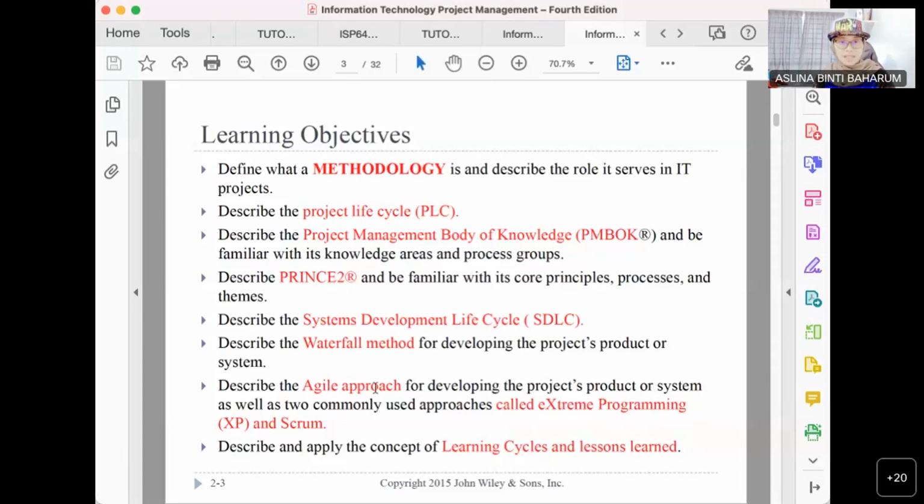They give you two types of agile, either XP or Scrum. And lessons learned is a part of your project, because after each project ends you might have something to improve or modify to bring better quality.